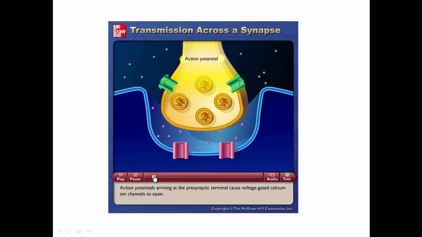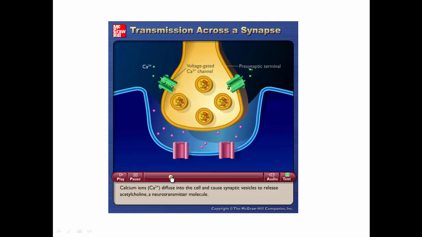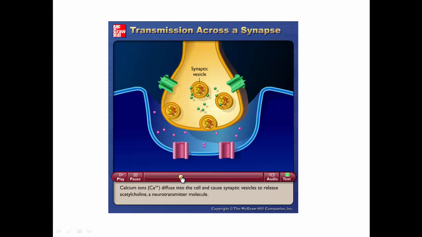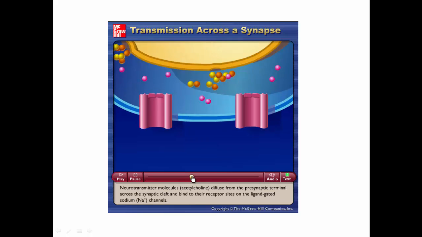So what happens first is the action potential travels down the neuron and gets to the very end of the synaptic knob. That action potential opens our voltage-gated calcium channels. Calcium then comes into the synaptic knob, and the calcium triggers the synaptic vesicles to exocytose their contents into the synaptic cleft.